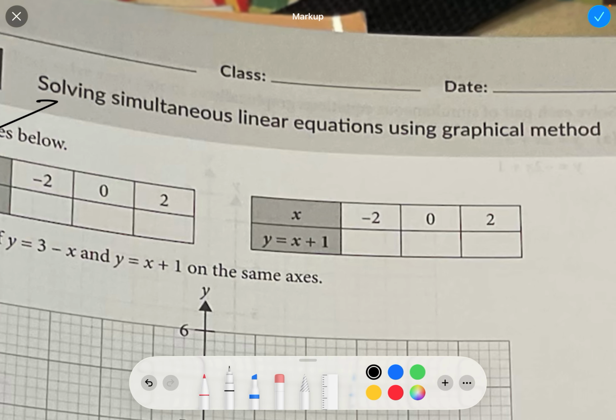Negative 2, 5 is here. 0, 3 is here. 2, 1 is here.